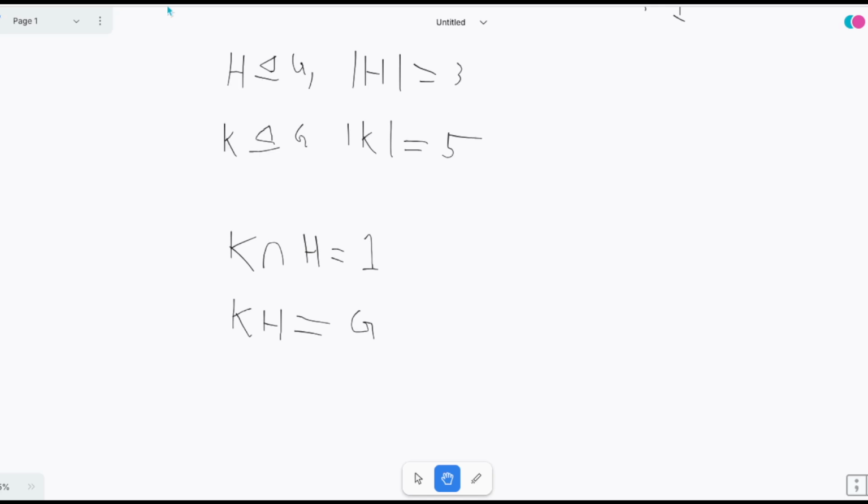And now we apply, I'm not sure, does this book call it the second isomorphism theorem?